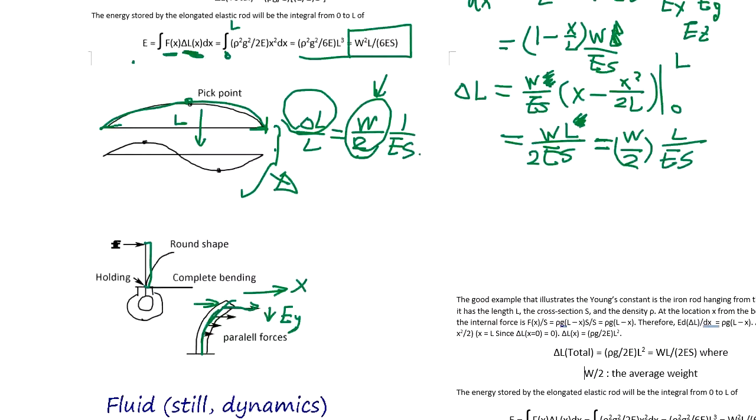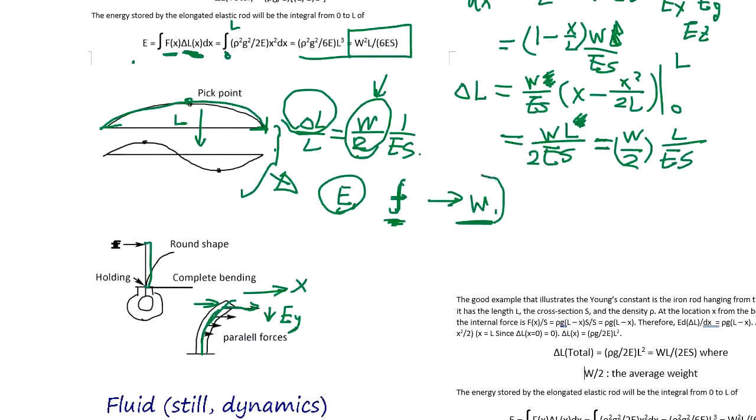But they are all the same. Once we measure the Young's constant, then with this constant we can calculate how much it bends for a given force F, then energy stored, and vibration frequency.